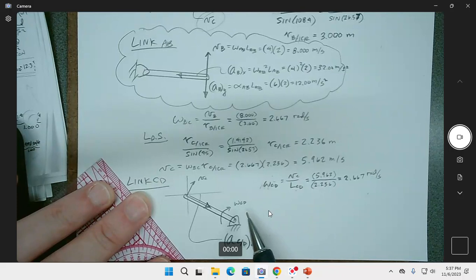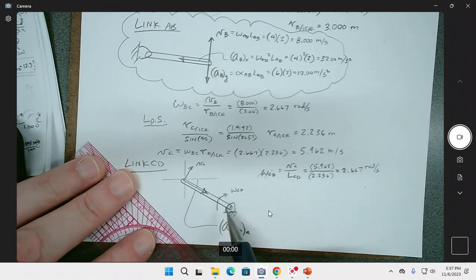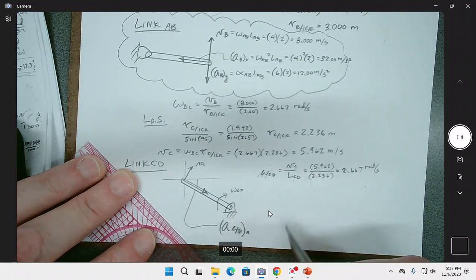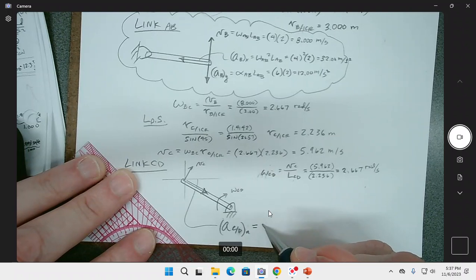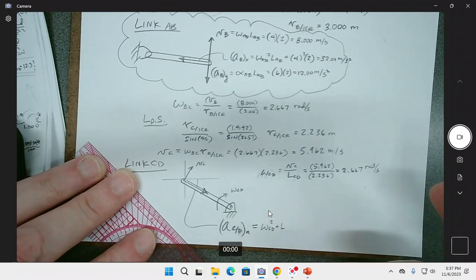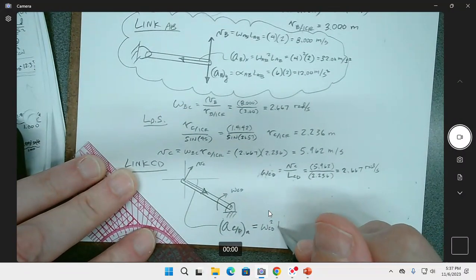And one of the things that's messed up with this problem that doesn't help us in the acceleration analysis is the fact that this thing is at an angle. I'd prefer problems that aren't that way. But we can go omega CD squared times LCD.